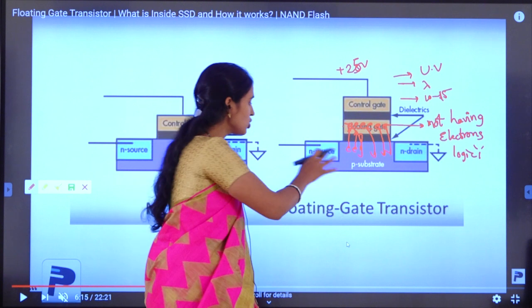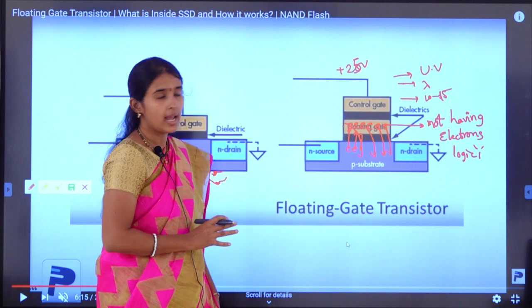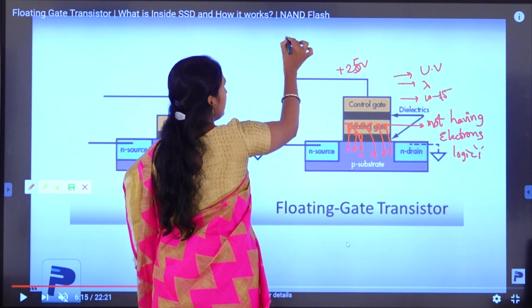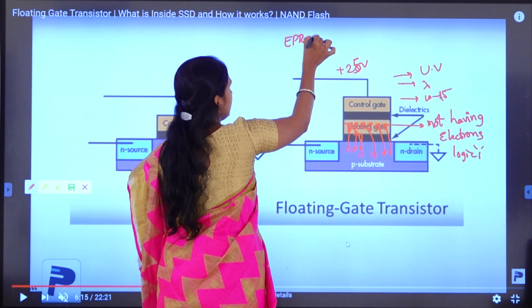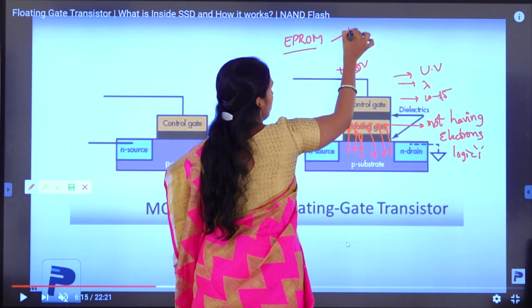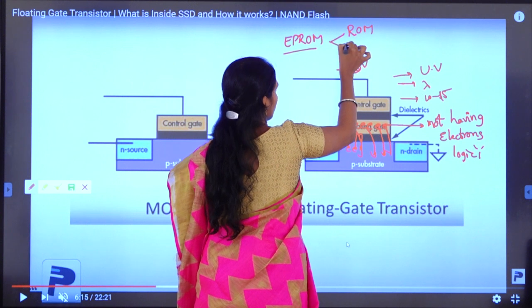This is all about the floating gate transistor, and you can see that EEPROMs are costlier than ROM as well as PROM.